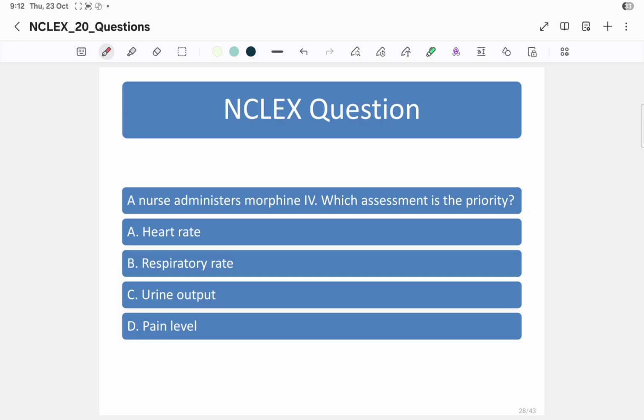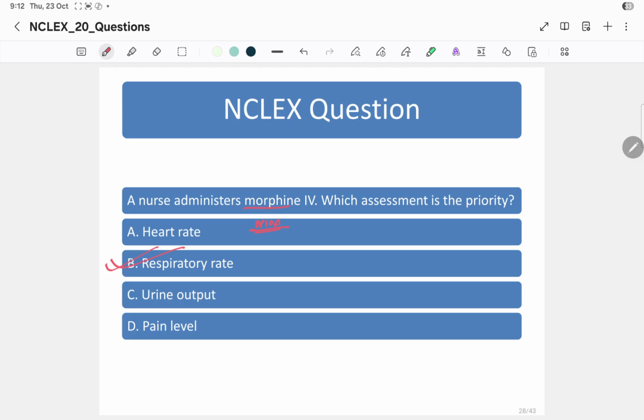So morphine belongs to which drug group? It belongs to opioid or narcotic analgesics, right? So before giving morphine, we have to check respiratory rate because it can lead to respiratory depression.